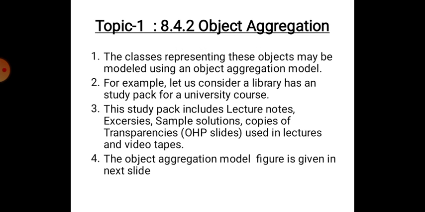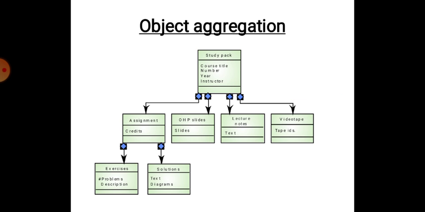Point number 4. The object aggregation model figure is given in the next slide. So we will see what this figure is. The figure represents, in all, 7 rectangles. The very top rectangle is the parent, which consists of study pack.